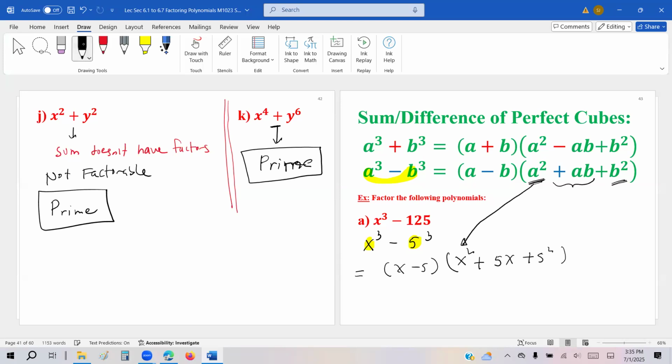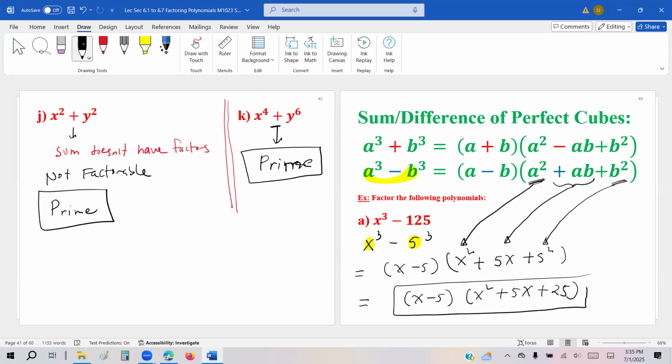This is a squared, this is their product, and this is b squared. In other words, we simply have x minus 5 times x squared plus 5x plus 25. Again, you're not going to see this in the exam or final exam, but these are in the homework, and also in my math quiz, I think.